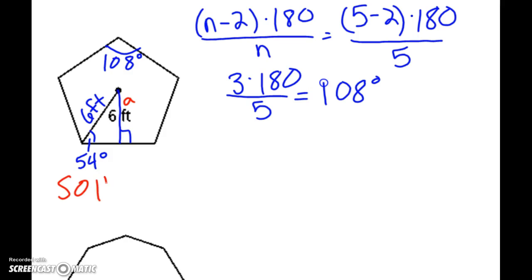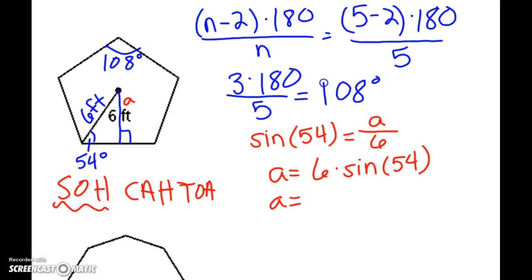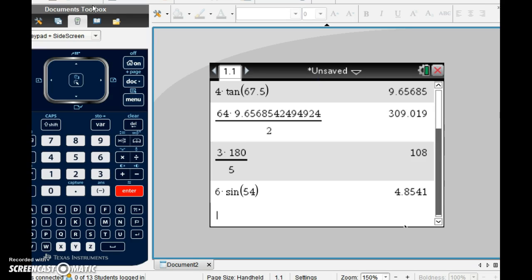According to SOHCAHTOA, when I have an O and an H, I need to use sine. So sine of 54 equals O over H, that's my apothem over 6. So A equals 6 times the sine of 54, which equals 4.8541.